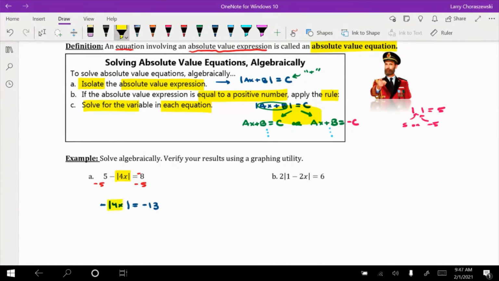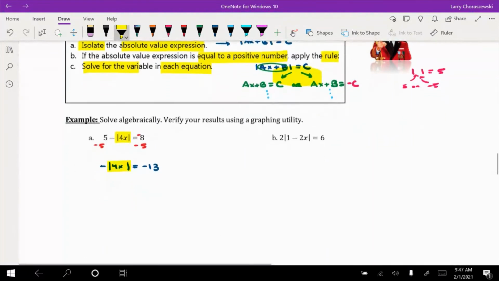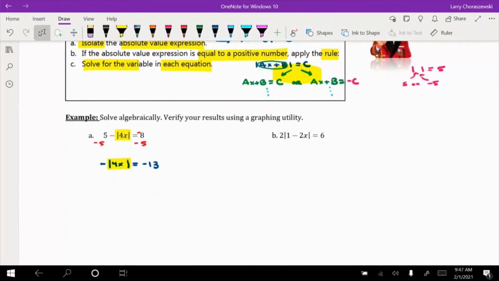I want you to tell me, is the absolute value expression isolated after that one step? Nope. So what do you think you might want to do next? On the left-hand side, you can interpret this as like -1 times the absolute value of 4x.